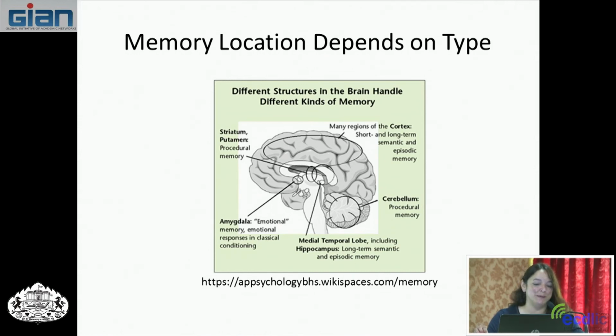We remember that the amygdala is involved in emotional processing, and it's thought that this is also where fear learning or fear memories are associated. Many regions of the cortex are responsible for short and long-term semantic and episodic memory, and it's thought that the cerebellum is involved with procedural memory, or those memories that we learn from repetitive doing over and over again. The medial temporal lobe, including the hippocampus, is important for long-term semantic and episodic memory.